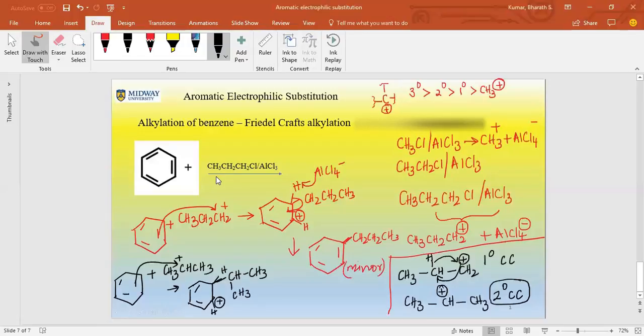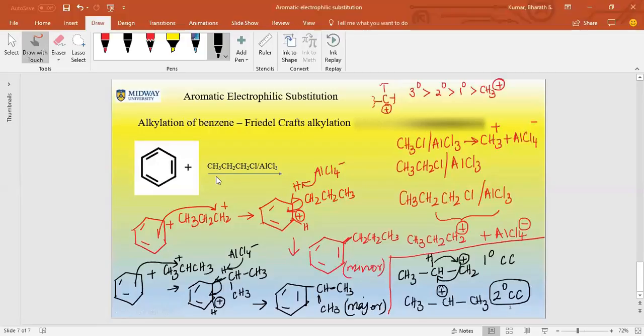So your base, which is your AlCl4 minus, comes and grabs this hydrogen. So this bond comes over here, which leads to the formation of, it looks kind of the same, right? But it's so much different. The procedure is the same, but the products themselves look different. This is a minor product, and this is a major product.